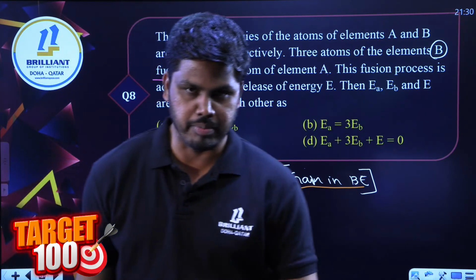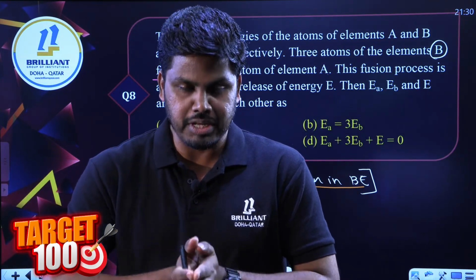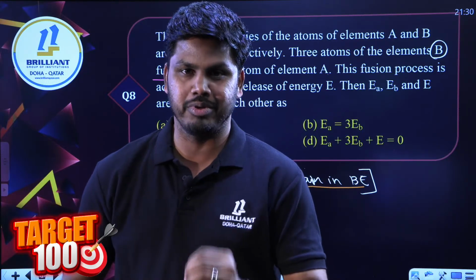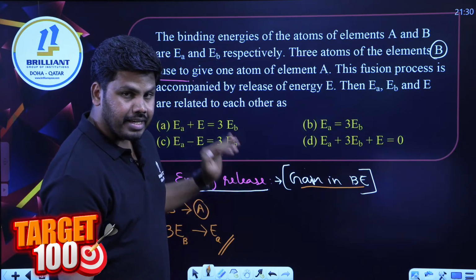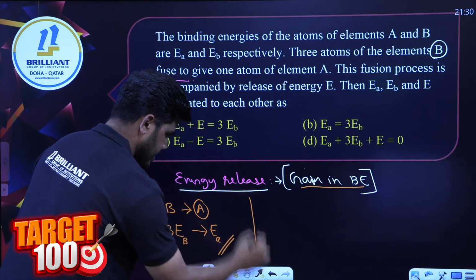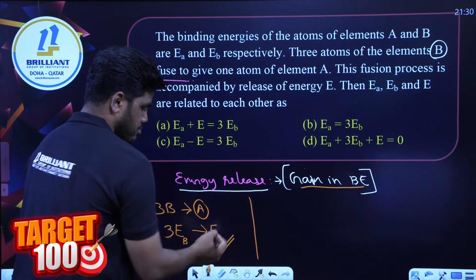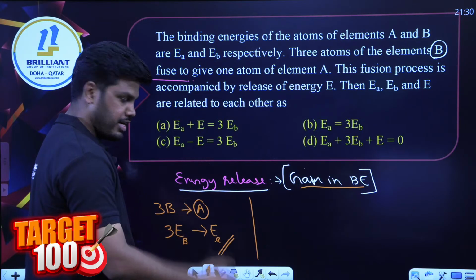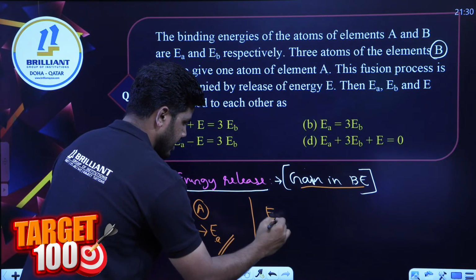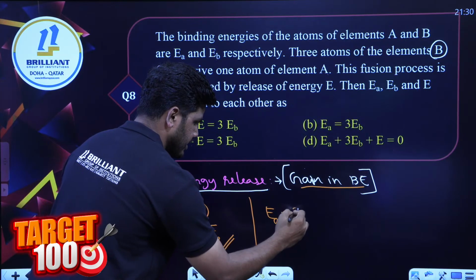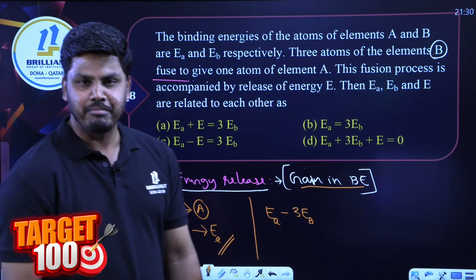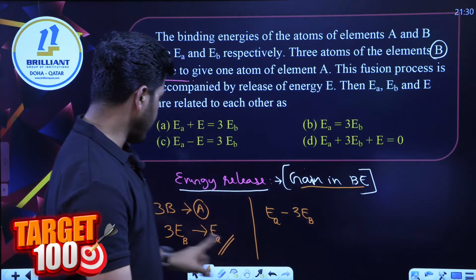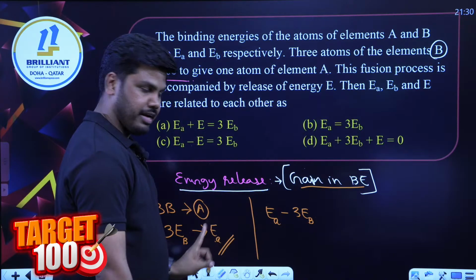That is what I told you to remember. If there is an energy release in a nuclear reaction, it is because of the gain in binding energy. Gain in binding energy is binding energy final minus binding energy initial. We can say EA minus 3EB, right?